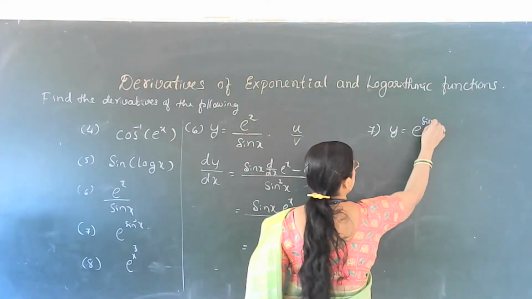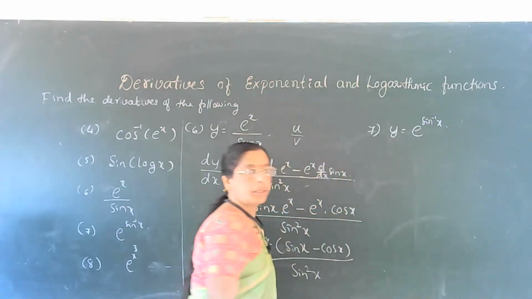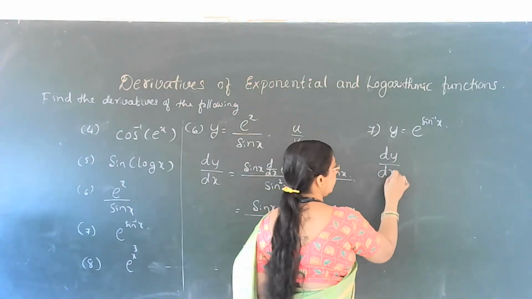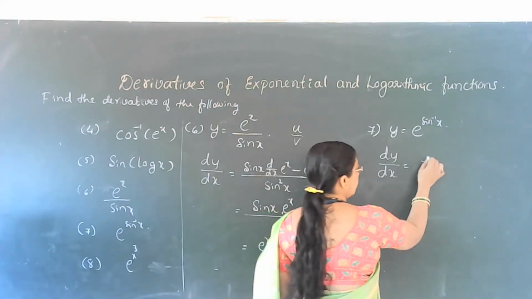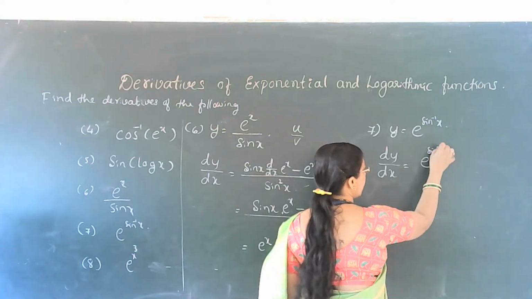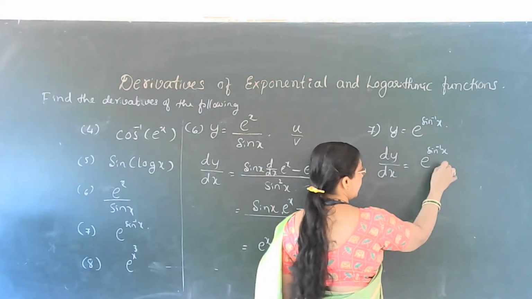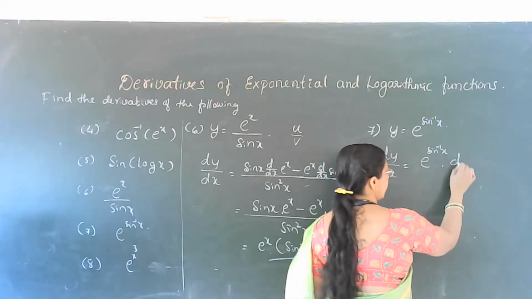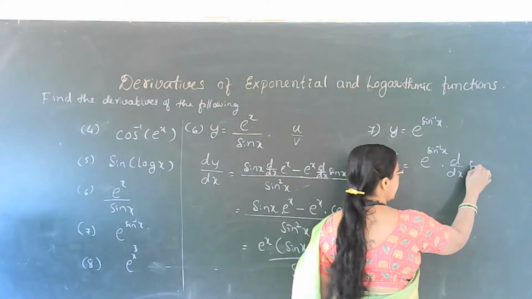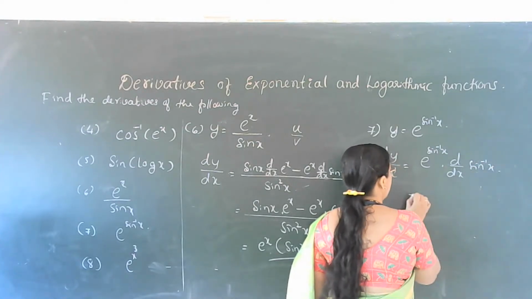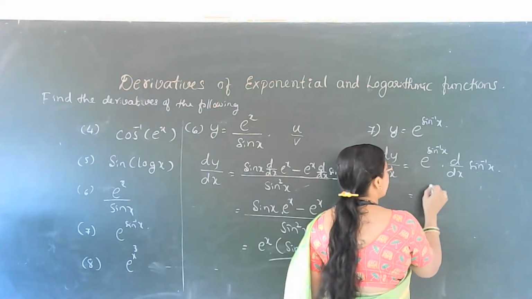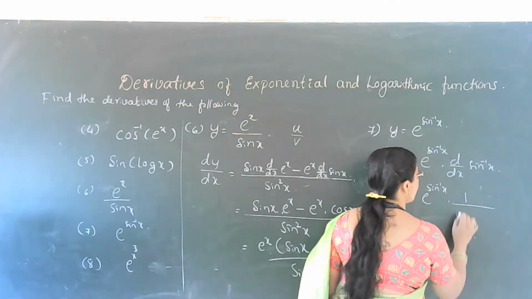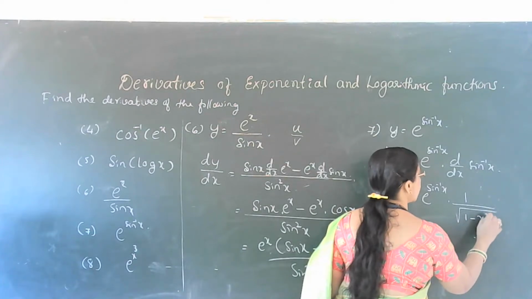Next, e to the power sin inverse x. Here, dy by dx is equal to e to the power sin inverse x as it is, and the derivative of sin inverse x, d by dx of sin inverse x, is 1 by square root of 1 minus x square.